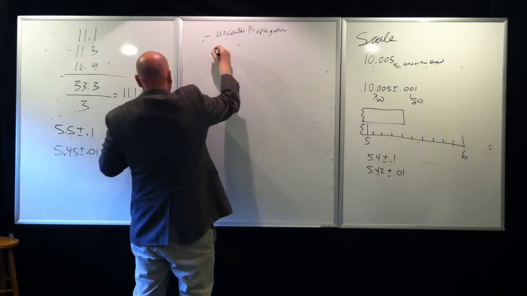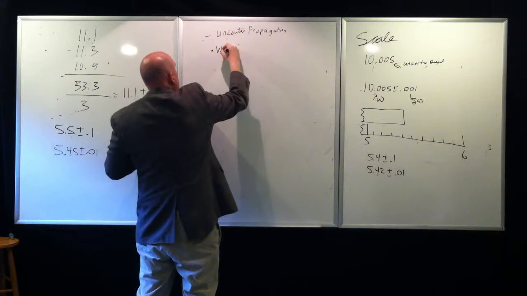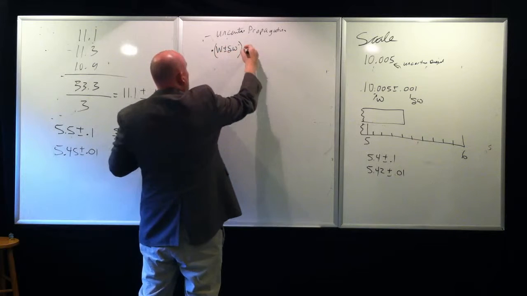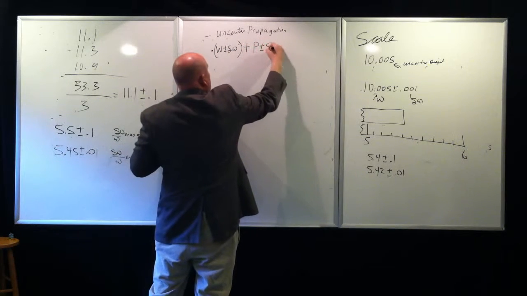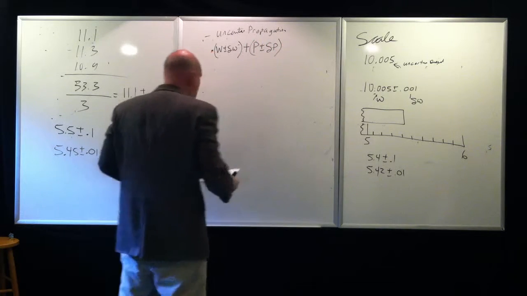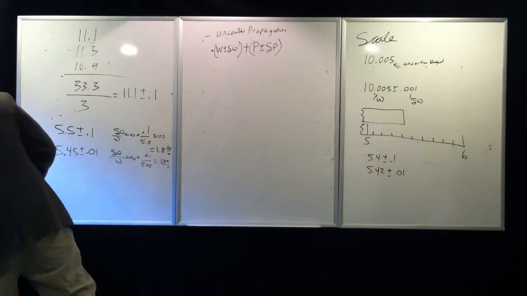The first is going to be, and we'll work through an example of this. If you have W plus or minus delta W, that's one measurement. And then you add it to P plus or minus delta P. That's another measurement, but you have to add them together. Let's come up with some values of what P and W are going to be.